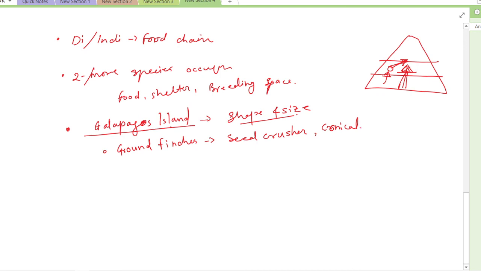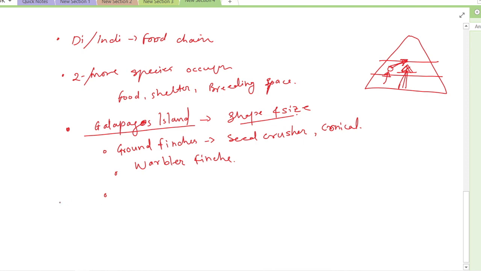Then there are warbler finches, which are insectivorous with slender beaks. Then there are vegetarian tree finches, woodpecker finches, insectivorous tree finches, cactus ground finches, etc.